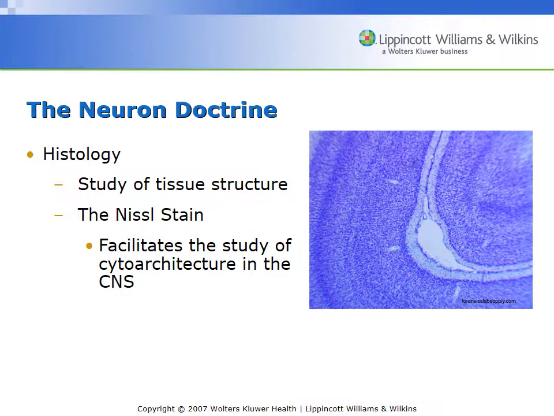So we had to come up with a way to solve this problem, and it was very elegantly solved by incubating the tissue in stains, in dyes that can selectively permeate certain portions of the cell.